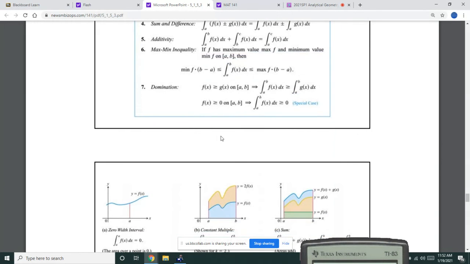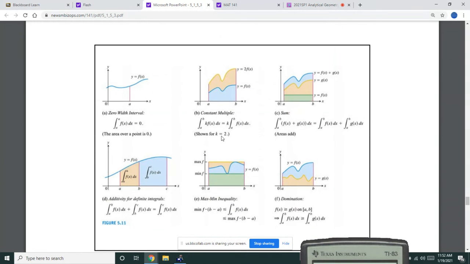To get a visual example of the additivity rule, it's a little bit better here because we can actually see what's going on.